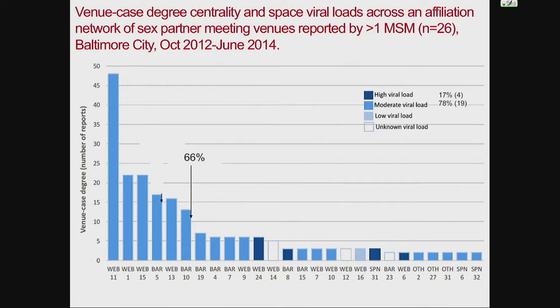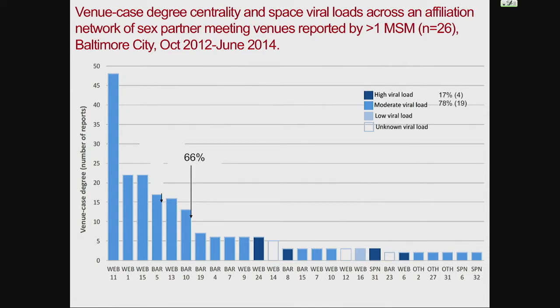So very quickly, what you can see is that 66%, 6 venues, web 11, 1, 15, and these names should start becoming familiar, bar 5, 13, and bar 10, so 4 webs and 2 bar clubs, represented 66% of all the reports about sex partner meeting places. So a highly clustered group of 6 were reported.